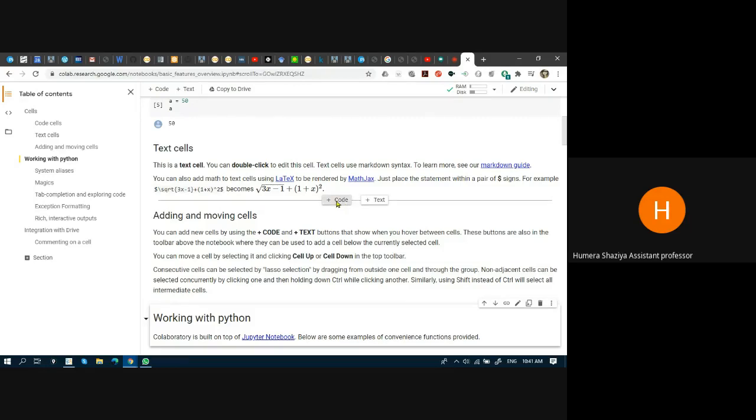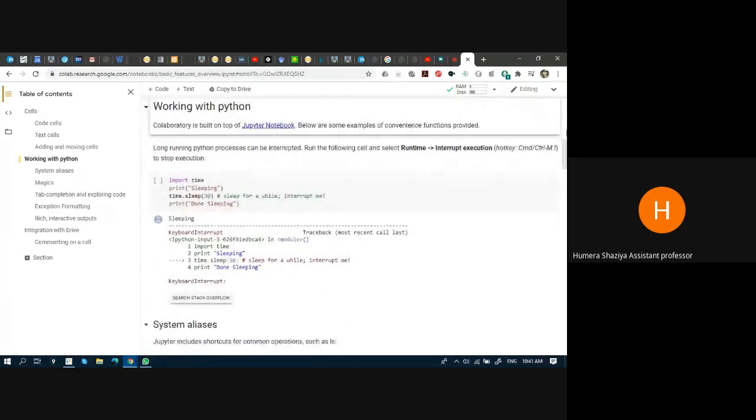Plus code means you are adding a new cell for writing code, plus text you are adding a new cell for writing text or markdown. And for every cell you will get this menu. You can move the cell up, move the cell down, edit, copy, and delete for every cell.